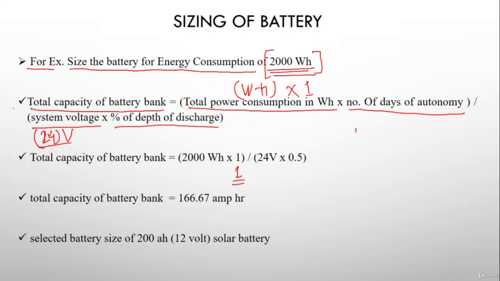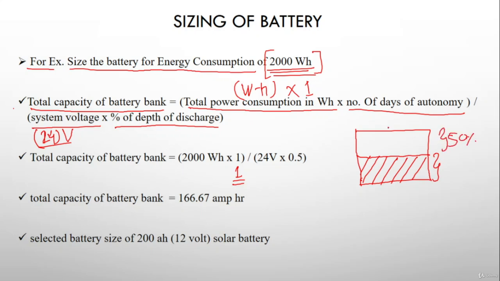Whenever we size any kind of battery, how much power from the battery we utilize depends upon us. If we utilize the power from the battery up to 50% and then cut the supply, so that we are not consuming power from the battery below 50%, the depth of discharge is 50%.